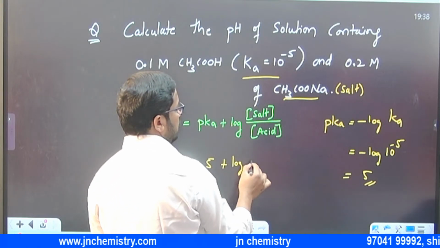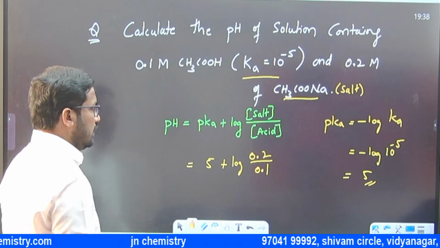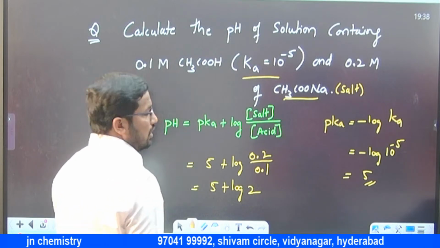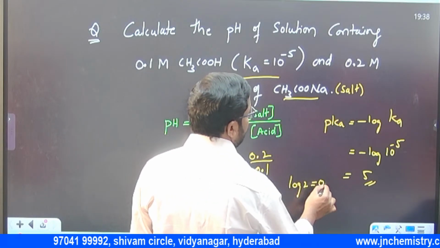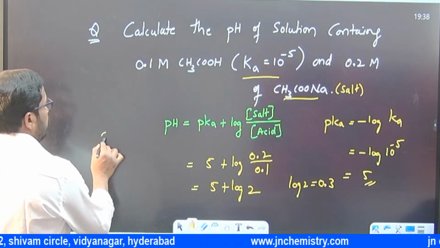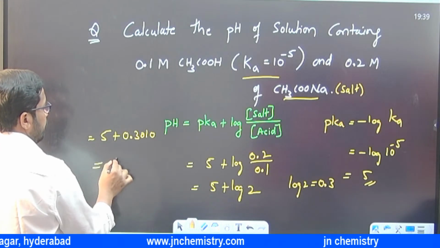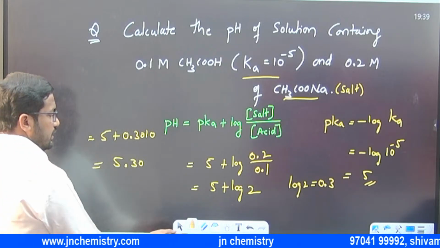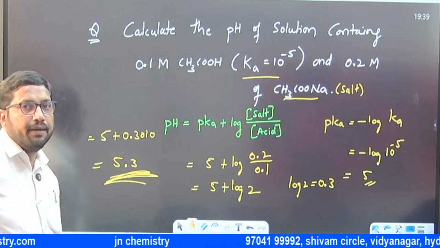Of course, this is acid. 0.2 by 0.1. Right? So 5 plus log 2. Log 2 value is how much? 0.3010, nothing but 0.3 we can take. 5 plus 0.3010, nothing but 5.3, or 5.3 directly. Okay.